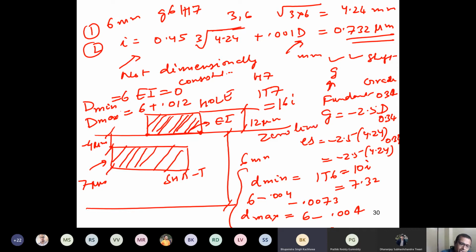The moment you plot it, you'll see whether it is interfering. Right now my hole is in all cases bigger. If my plot looks something like this, it means it is transition: in some cases it will go, in some cases it won't. If this is my hole and this is my shaft.